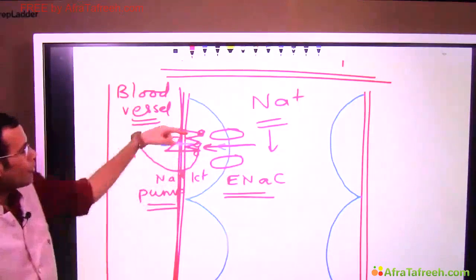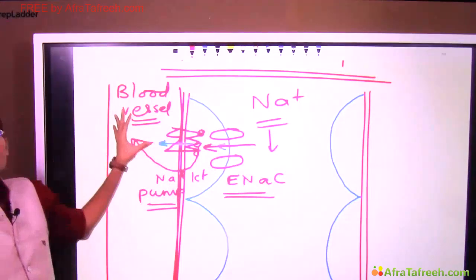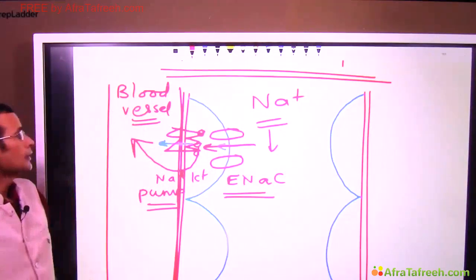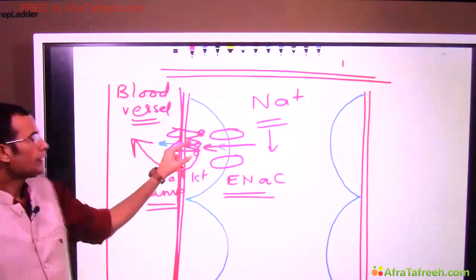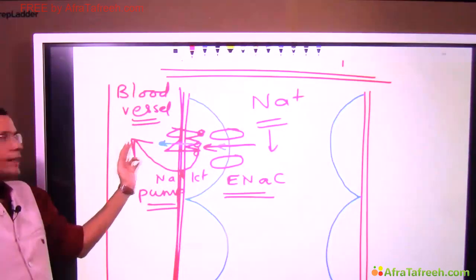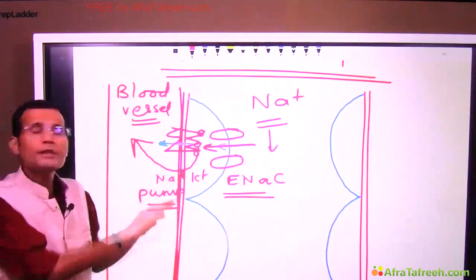So sodium from within the cell will be pumped out and it will enter the bloodstream finally. So it enters the cell and then leaves the cell on the other side and enters the blood vessel, right? This is how sodium is reabsorbed.